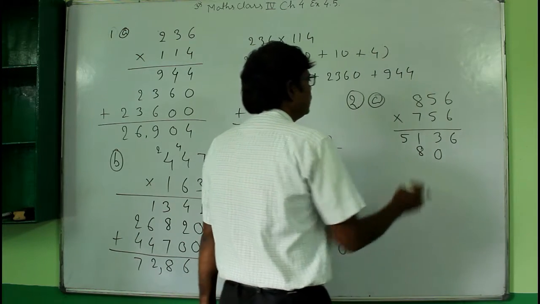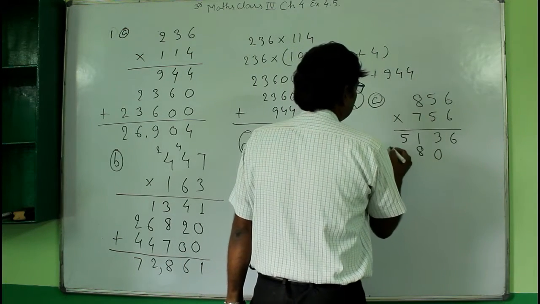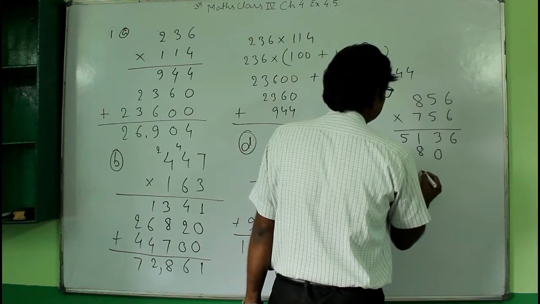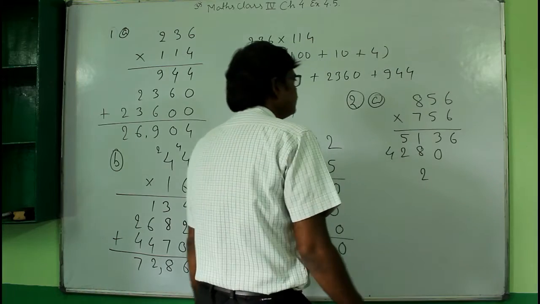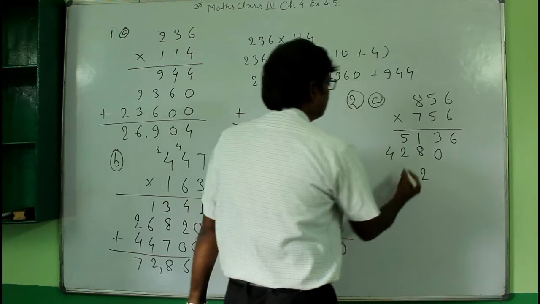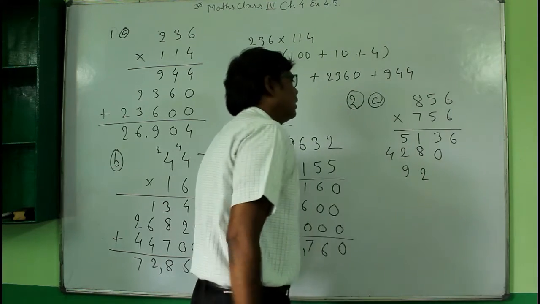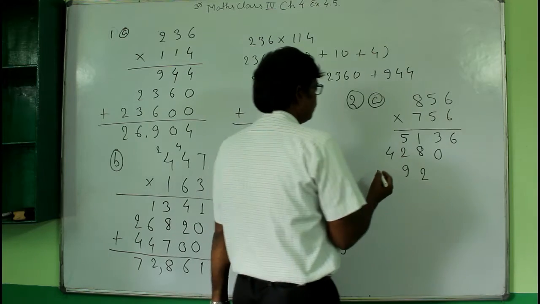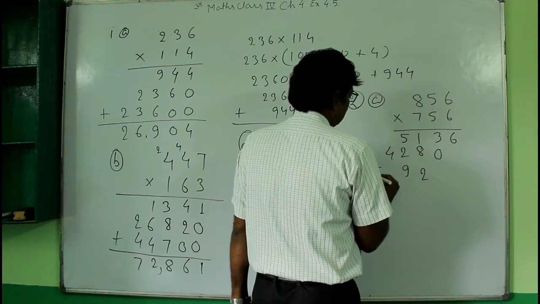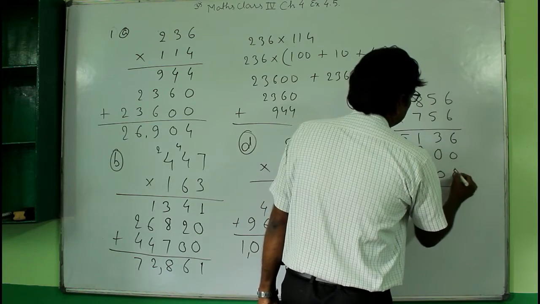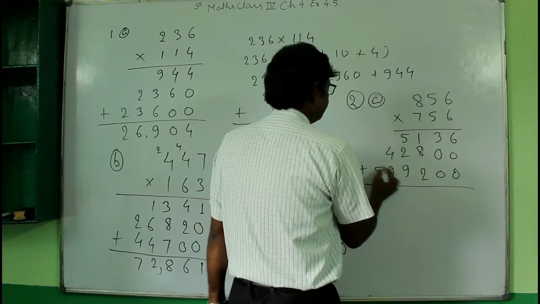Then carry 2, 5 8s are 40 plus 2 will be 42, then 7 6s are 42, write 2 here, then carry 4, 7 5s are 35, 35 plus 4 will be 39, then write 9 here, and then carry 3, 7 8s are 56, plus 3 will be 59. And write here double zeros, and here 1 zero, then add.